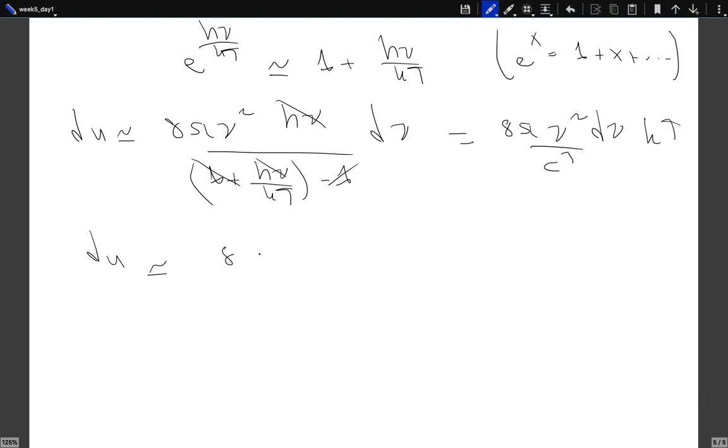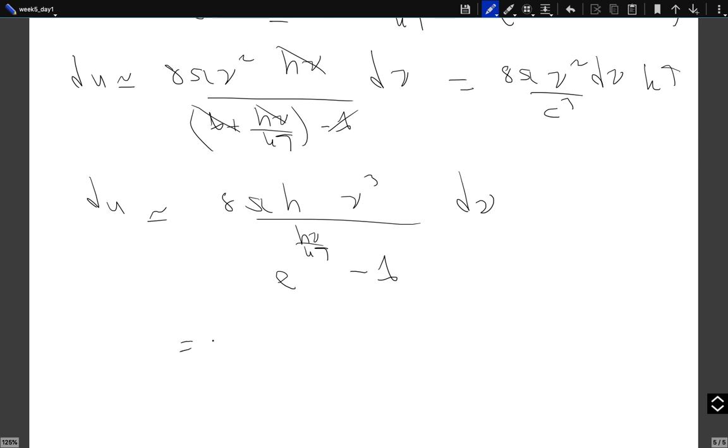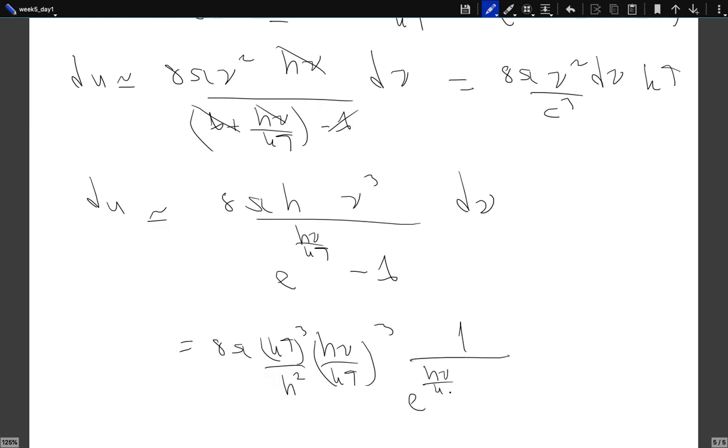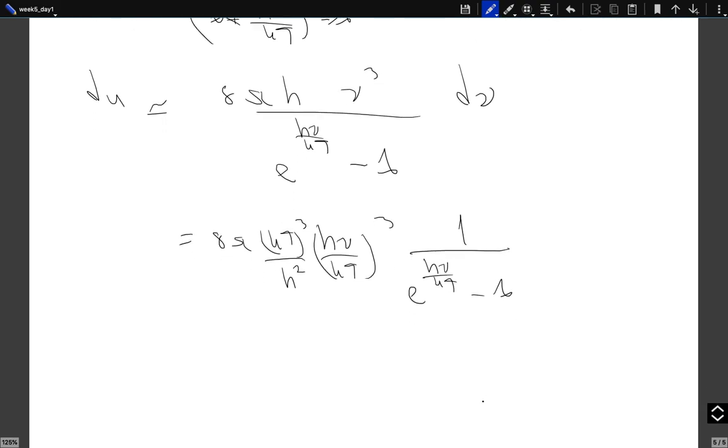du is 8 pi h nu cubed divided by e to the power h nu over kT minus 1, d nu. Well, let me just rewrite it. This is 8 pi h nu over kT cubed times kT cubed over h squared, times 1 over e to the power h nu over kT minus 1. Why did I do this?